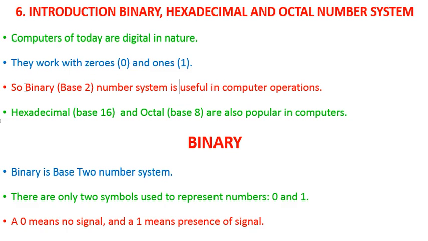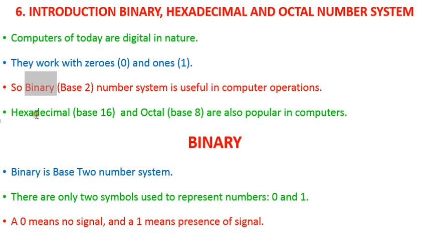So since it has these two states, the binary number system, which is based on two symbols, and these two symbols are what? 0 and 1, is then very significant in the computer operations, because the computer deals with only two digits, either 0 or 1, which are called bits, and it is using this binary system because of this coincidence.